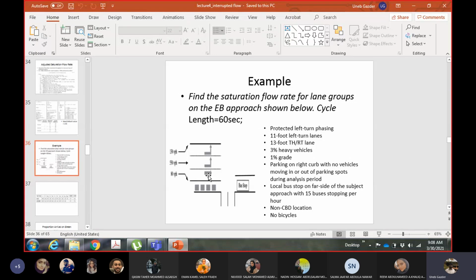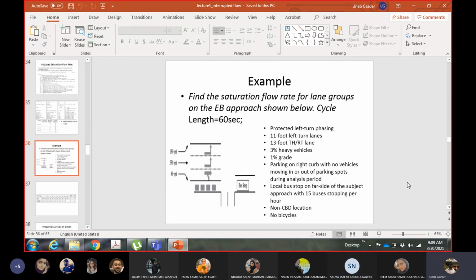What about the lane groups? How many lane groups? 1, 2, or 3? Simple, right? You cannot have more than 3, you have 3 lanes. Two lane groups. Which ones? Left turning is one, and the straight and right is one. Yes.